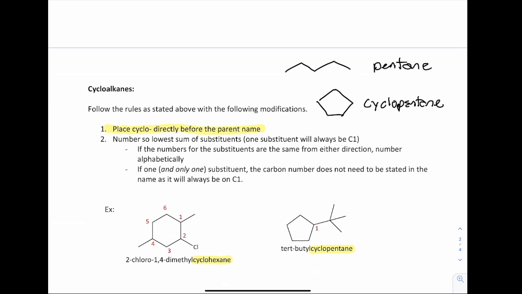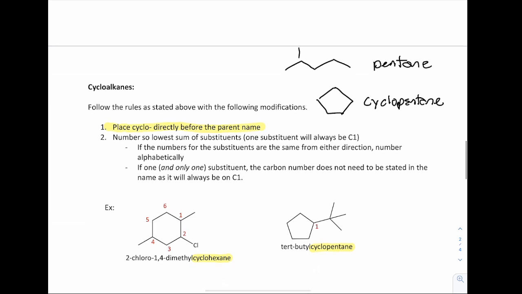If I go back up and look at these examples, remember if it's straight, we want to start numbering closest to that substituent or at the end closest to that substituent. We always have to start numbering it on an end. So I would start numbering it here, right? I can't make the carbon that I just made 2, 1, right? I have to start at the end, but I want to start at the end closest to that substituent. We want that substituent to have the lowest carbon number possible.